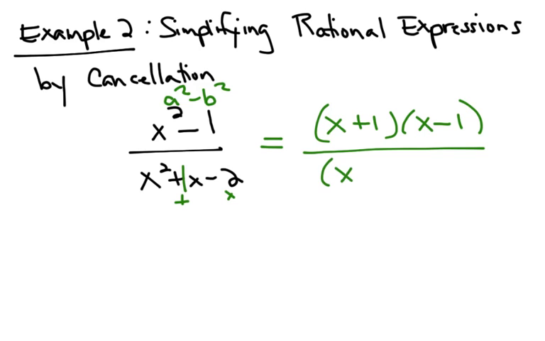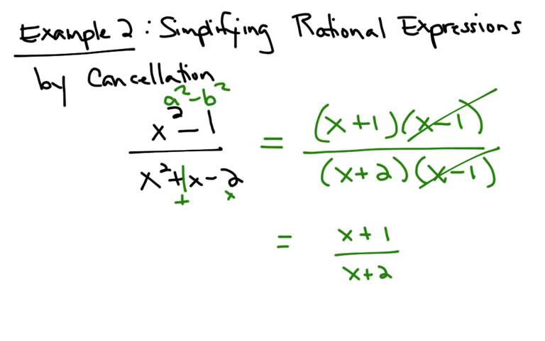Well, those answers are positive 2 and negative 1. Now that it's in factored form, I can cancel common factors. That's the only way you can simplify rational expressions. Everything must be factored, and you can cancel common factors. Since I have an x minus 1 in both the numerator and denominator, they go away, and I'm actually left with x plus 1 over x plus 2. And that would be the simplified fraction.